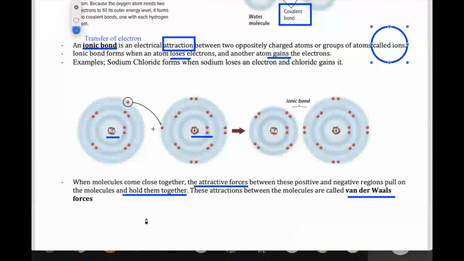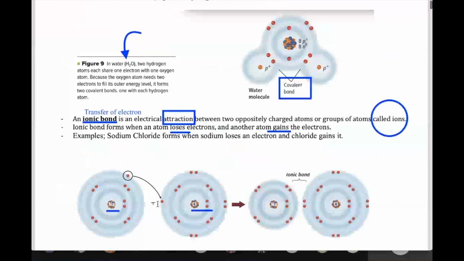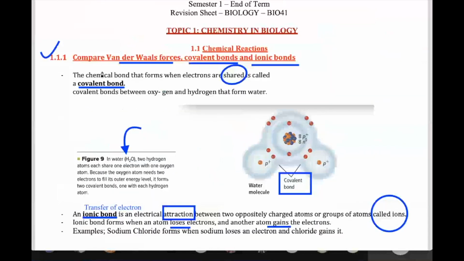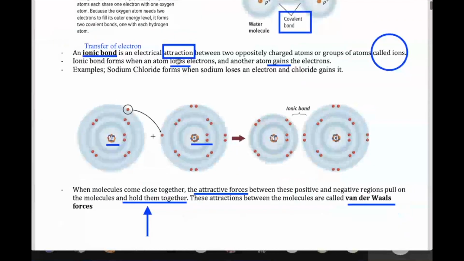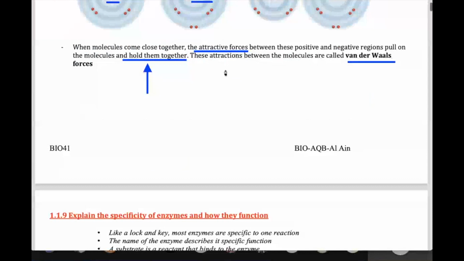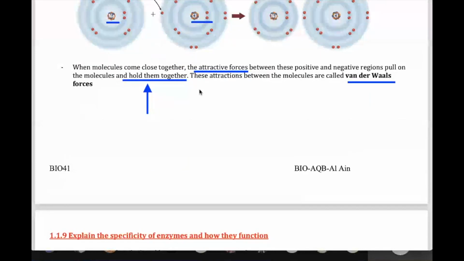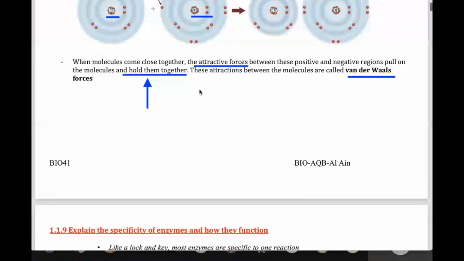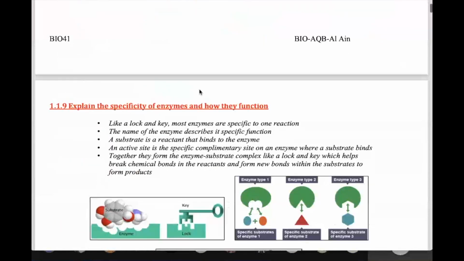This just holds the molecules together. That is what makes the difference between all three. As a quick revision, covalent bond is the sharing of electrons, ionic bond is the transfer of electrons, and van der Waals forces are forces of attraction which hold the molecules together, with no sharing and no transfer.